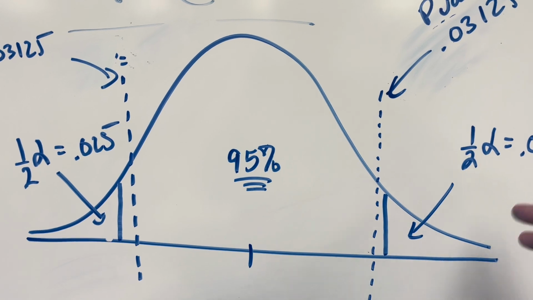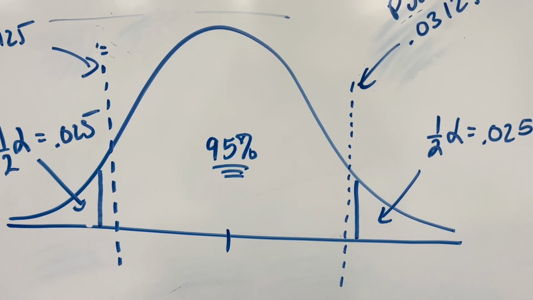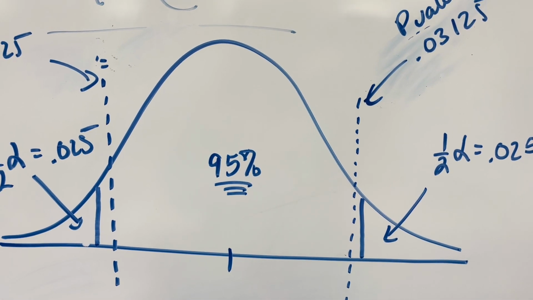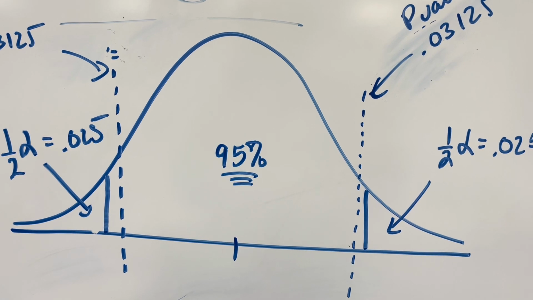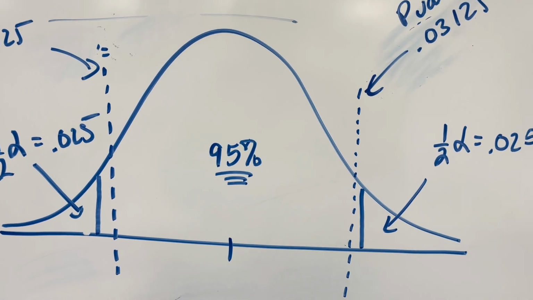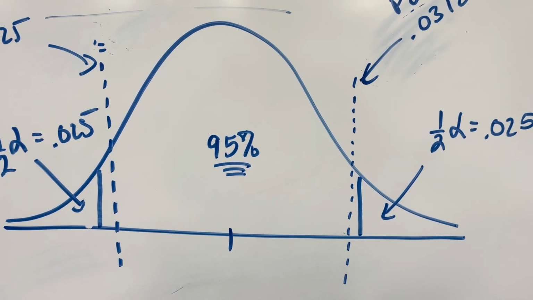If you start to talk about how you've got these levels of significance, the strength of your result, like do you have moderate, or do you have strong, or do you have very strong?